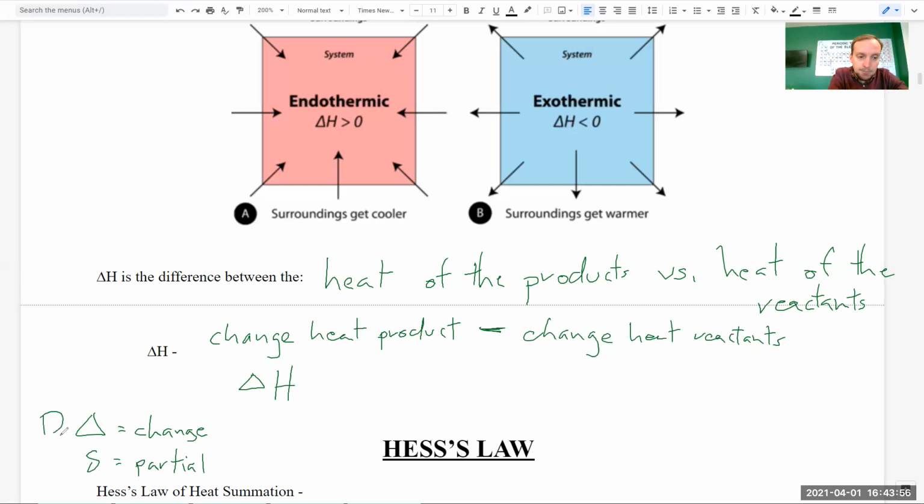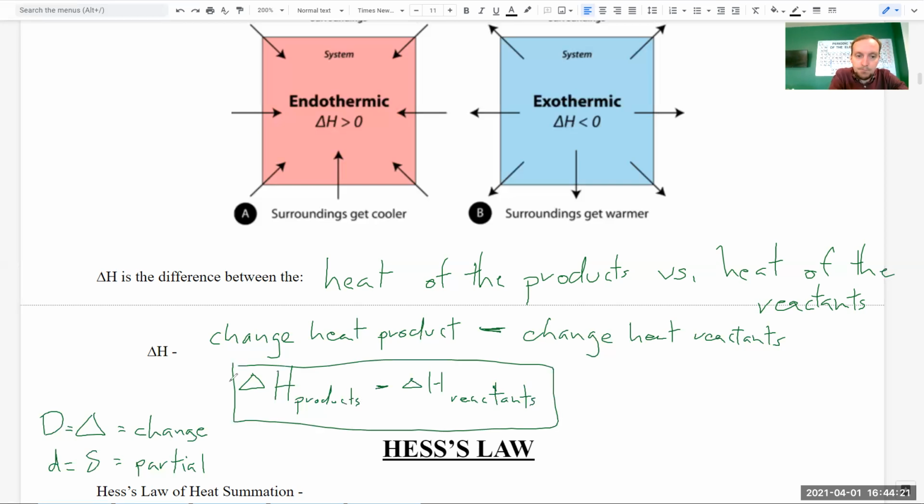That's the capital D. This is the lowercase d in the Greek alphabet. The triangle, delta, means change in heat. So it'd be the delta H of the products, that's subscripted, minus the change in heat, or delta H, of the reactants. That's the actual mathematical representation of delta H.